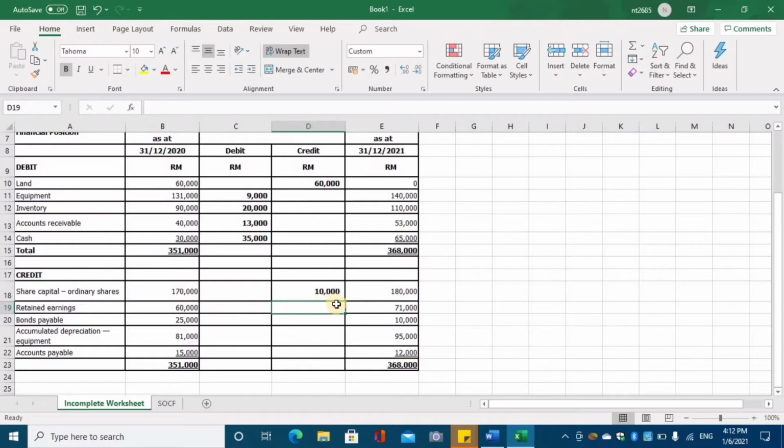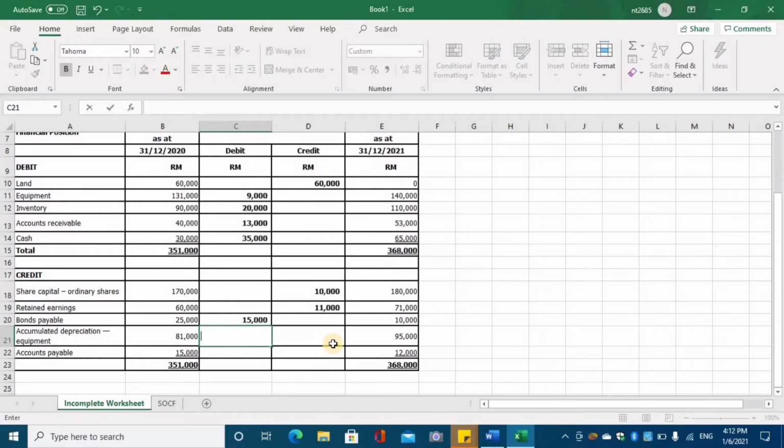Retained earnings, the balance also increased. So 71,000 minus 60,000 at credit side. Bonds payable, the balance is decreased. So we put at debit side 25,000 minus 10,000. Accumulated depreciation equipment, the balance is increased.